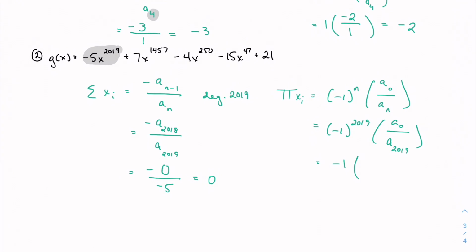The constant is 21. The leading coefficient is -5. The negatives cancel out. The product of my roots is 21 over 5. That's all we're doing. In this context, the curriculum doesn't want you to go any further with it. It just wants you to be able to compute the sum and product. We'll see maybe a slightly more tricky form of the question, but you're still not really doing anything beyond using the formula.